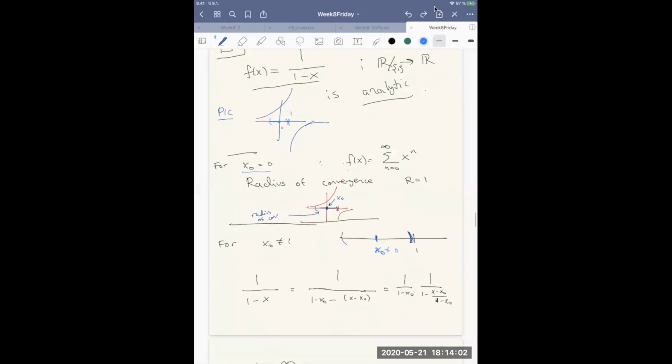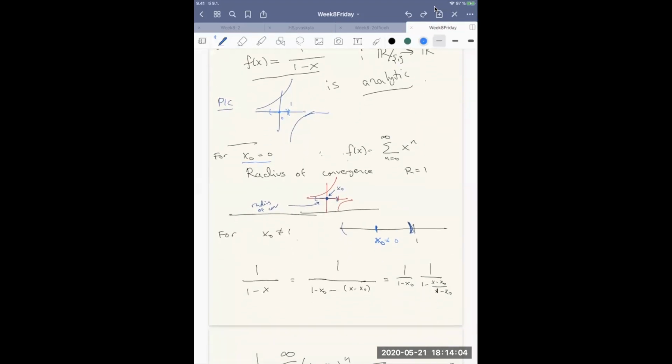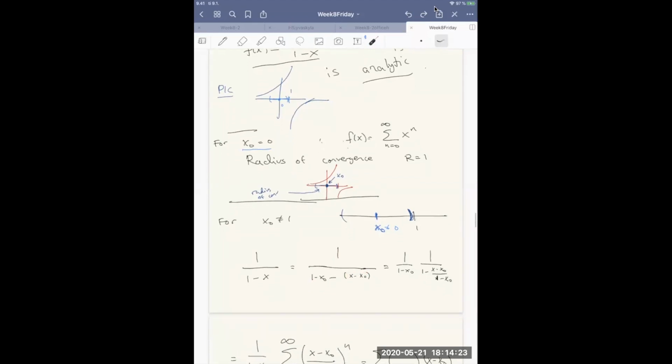So we want to find a power series in powers of x minus x0, that is centered at x0. So what we do, we want to force the x minus x0 expression in there. So we will subtract and add, but add in a funny way, the x0 here.